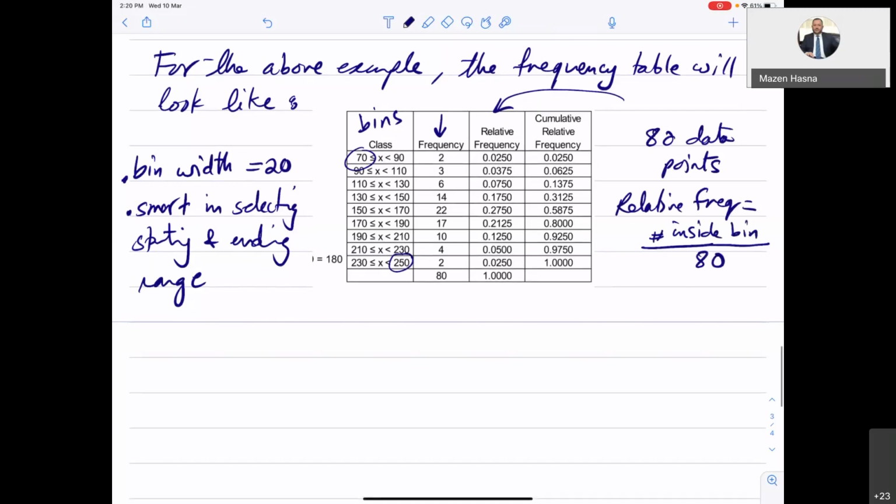So this one, for example, is just 2 over 80. This one is the same, 2 over 80. This is, for example, 22 over 80, and so on. So you can calculate the relative frequency.